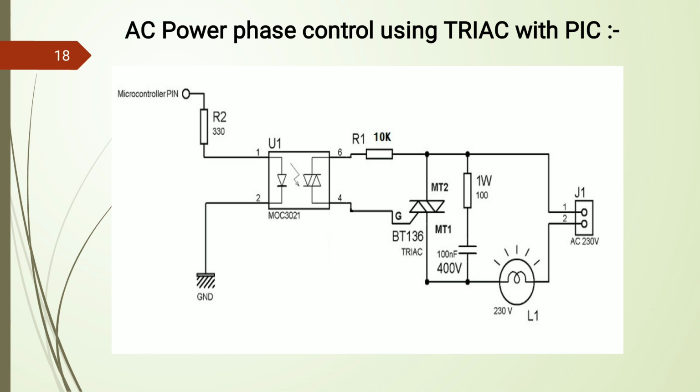So here one additional pin is there, that is the signal connected at RB0, and from that we are able to detect the change in half cycle of the AC phase.